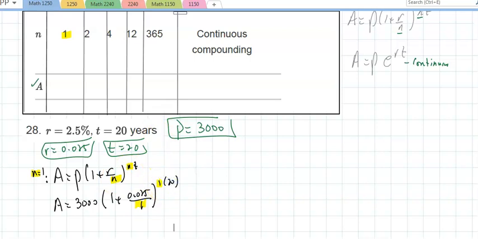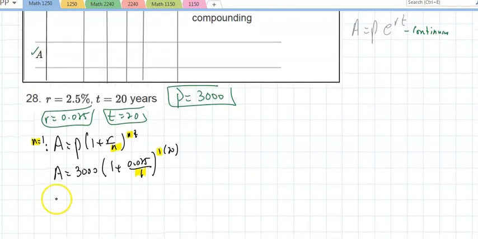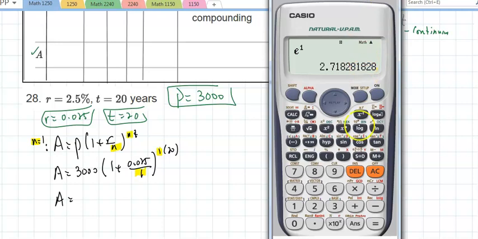And in my calculator, and you need a scientific calculator, you write it as you see it: 3,000, parentheses, 1 plus 0.025 divided by 1, raised to the 1 times 20.